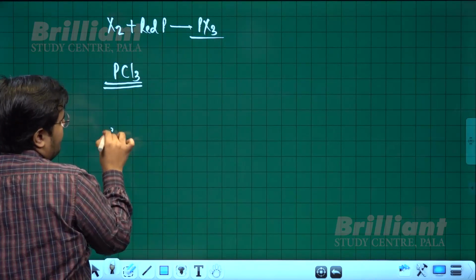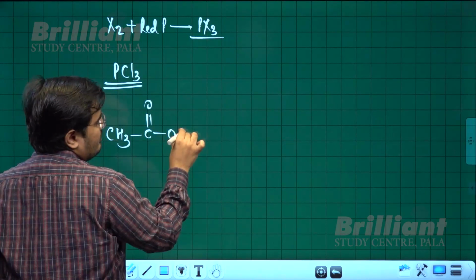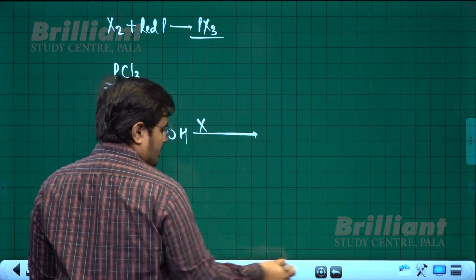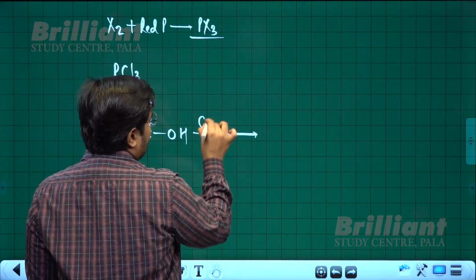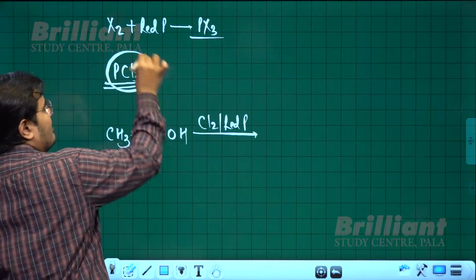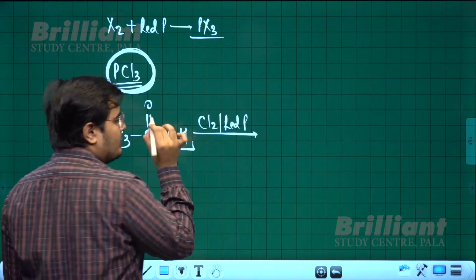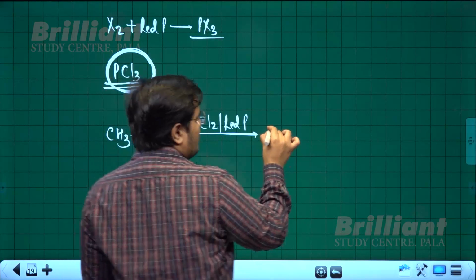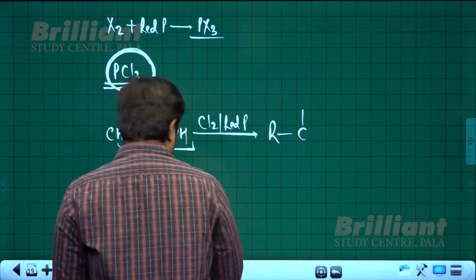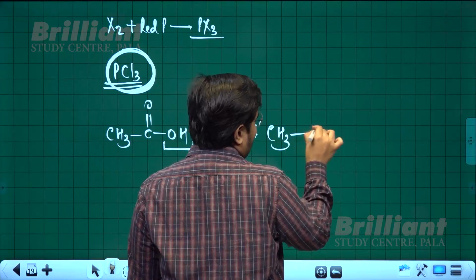So what is going to happen here is, when I am taking CH3C double bond OH and it is treated with X2, or let's say X2 here is Cl2 in the presence of red phosphorus, and if I believe that they will form PCl3, then we know PCl3 is going to convert this OH into Cl. So first my acid will be converted into the acid halide.